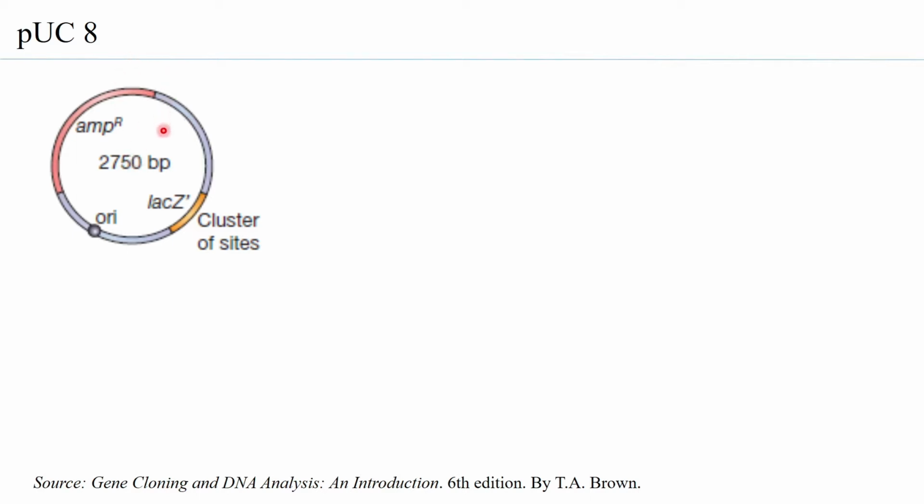So when you have 7 to 8 kb of gene inserted into pUC8, it still is around 10 kb. And we all know that a size of 10 kb is easy to handle, it is easy to purify. Therefore, the fact that it is just 2750 base pairs is a very important specification of pUC8.